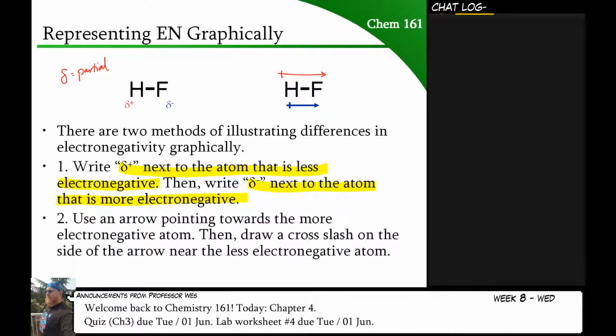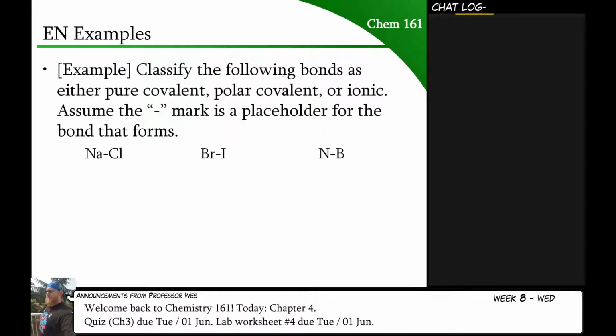We're going to use that technique in a little bit in this chapter, probably not today. We're going to use this to describe the polarity of a molecule overall, as opposed to just the polarity of a single bond. So we'll come back to this later on.